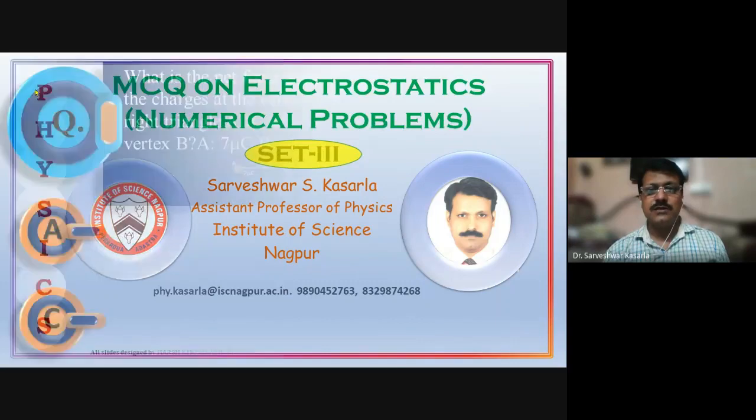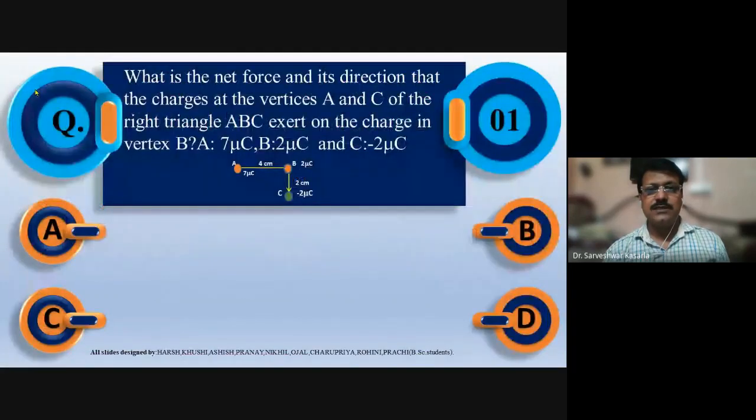So here the first problem is, what is the net force and its direction that the charges at the vertices A and C of the right angle triangle ABC exert on the charge at vertex P. Here the given is the charge at A is 7 microcoulomb, charge at B is 2 microcoulomb, charge at C is minus 2 microcoulomb.